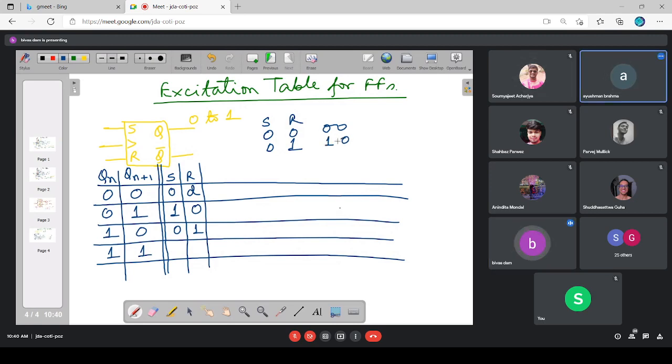So what do we find? Is there any specific value of S? No, sir. There is a specific value of R. That R should be 0, but S may be of any value, don't care. So this is the excitation table for the SR flip-flop.